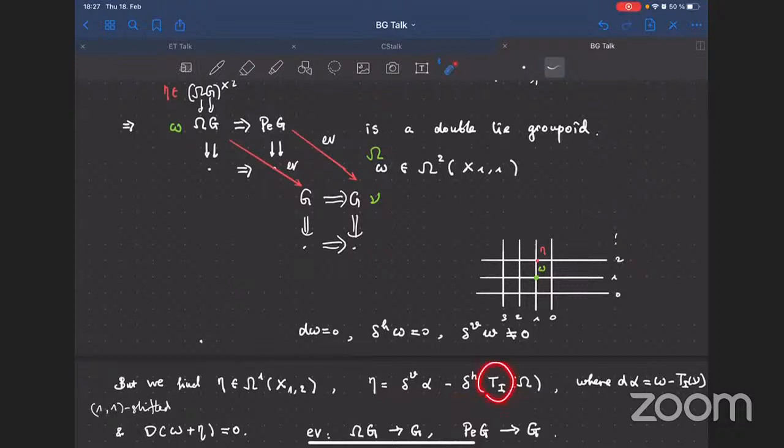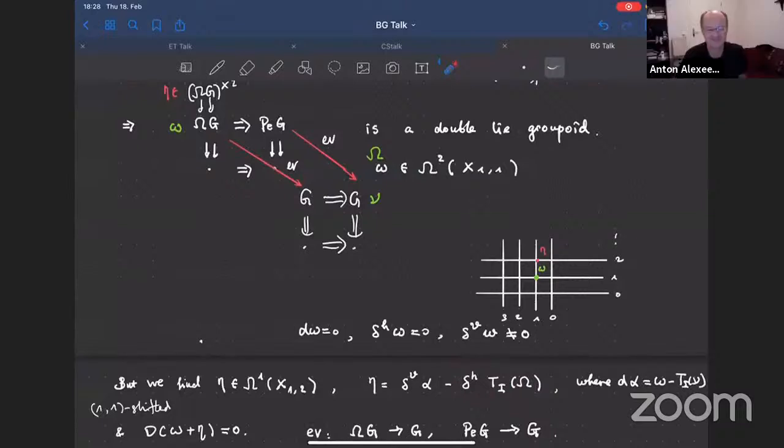So we do a transgression of Segal's two form, and we do a d0 pullback minus d1 pullback of it, and then we do a delta v of alpha. This alpha is a difference between Segal's two form and the transgression of Cartan's three form. So there's a very explicit formula. It's just a bit long. Okay. Thanks a lot. Thank you.